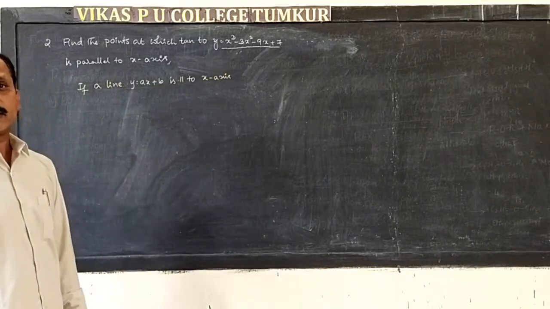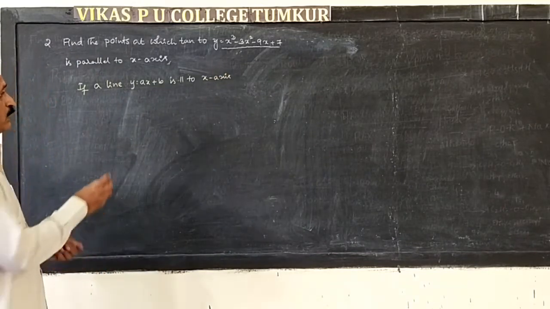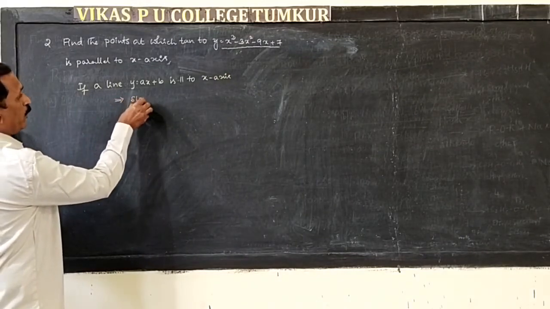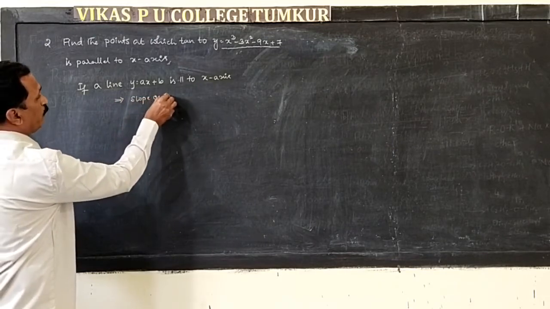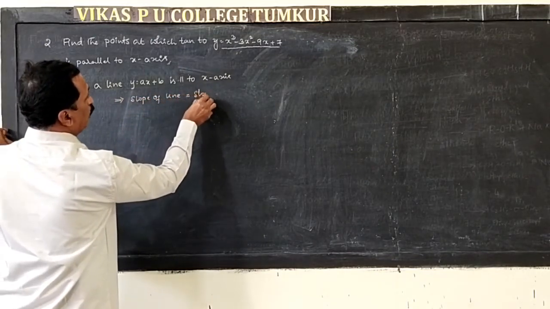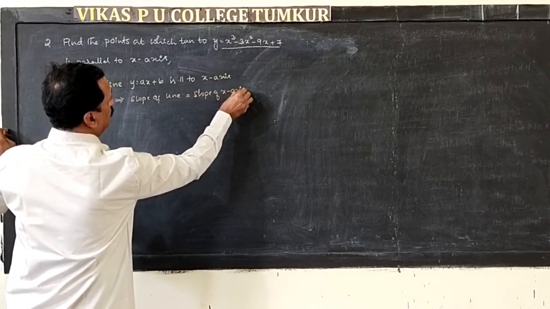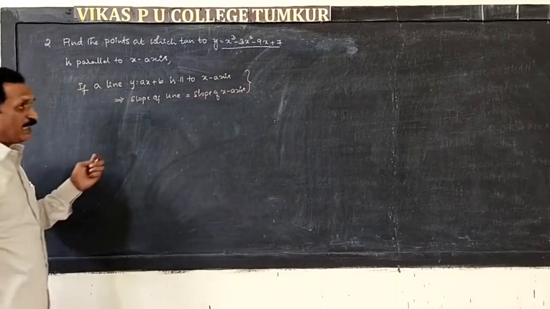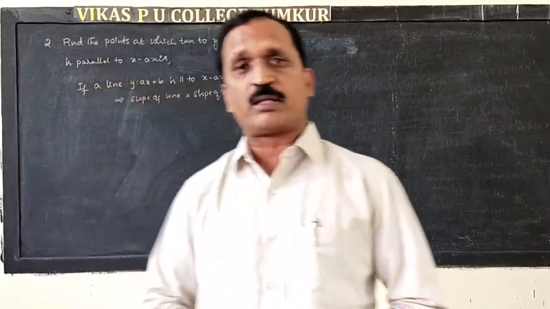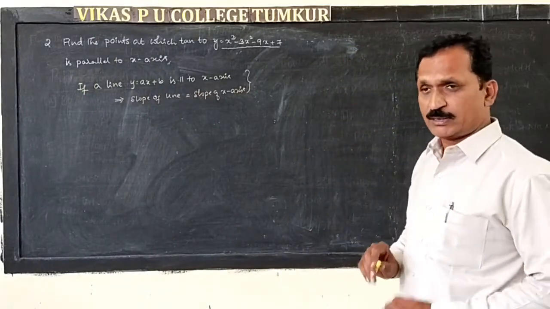And what is the condition to be remembered? This will produce the condition that the slope of the line is equal to the slope of the x-axis. Do you know why this happens? I learned this in first year PUC analytical geometry; I will tell you once again.